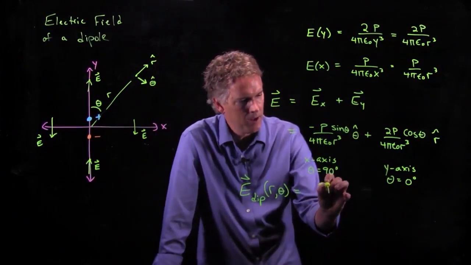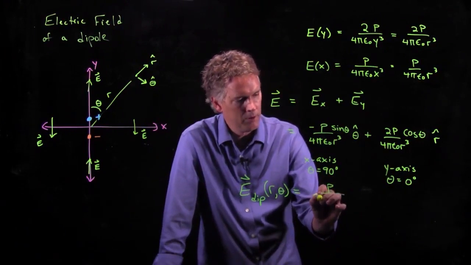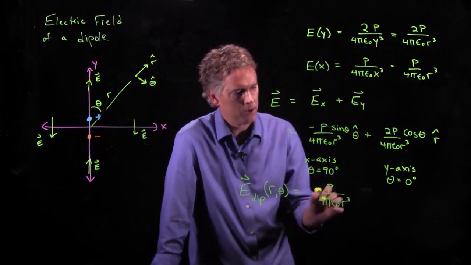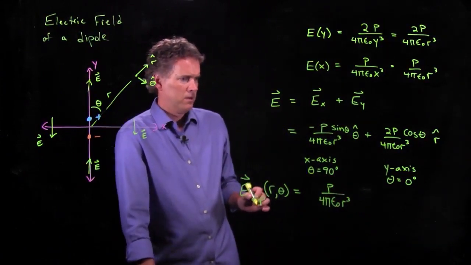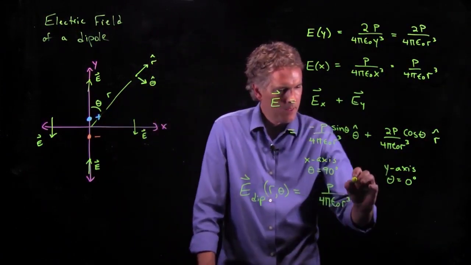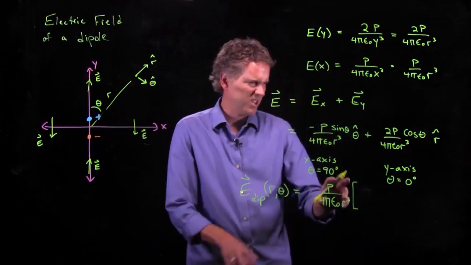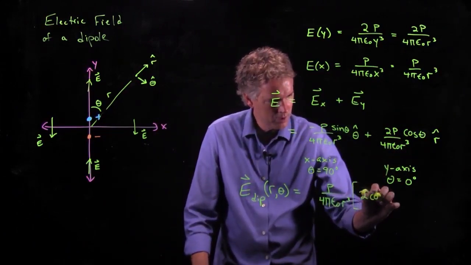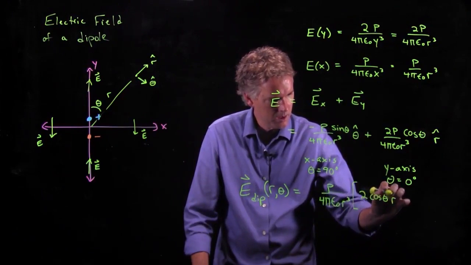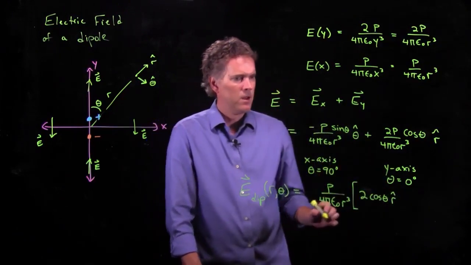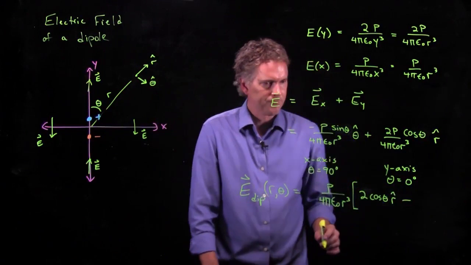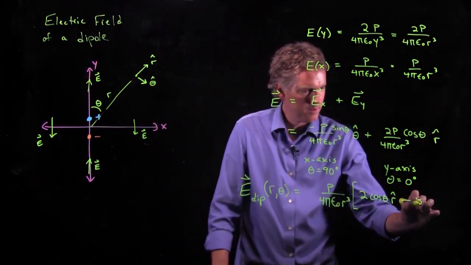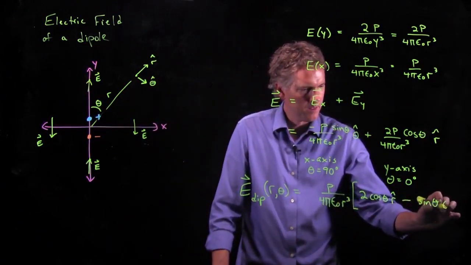We have a p over 4 pi epsilon naught r cubed. Yep, that's in both of them. And then the first, I'm going to switch the order just for fun. I'm going to put this one first. 2 cosine theta r hat minus sine theta theta hat.